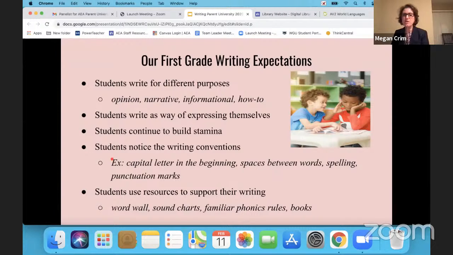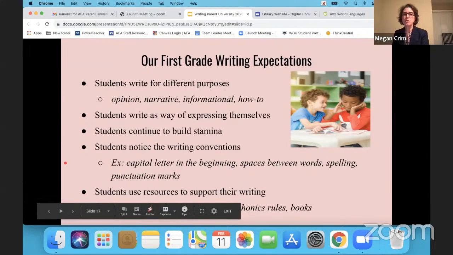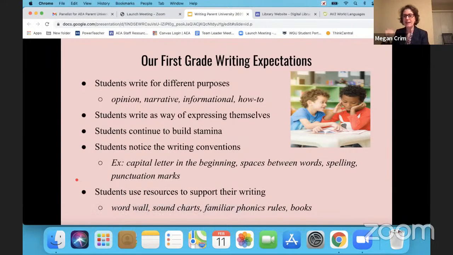We want students to start to notice the writing conventions. Those are the capital letters at the beginning, spaces between words, spelling matters, punctuation, and we want students to use resources to support their writing. And in a bit, I'm going to show you what that means and what that looks like.